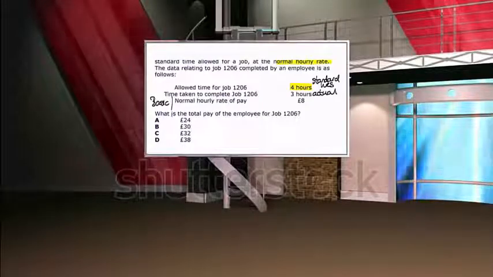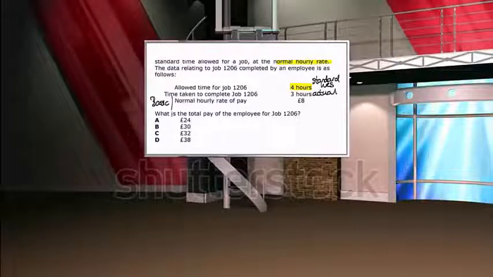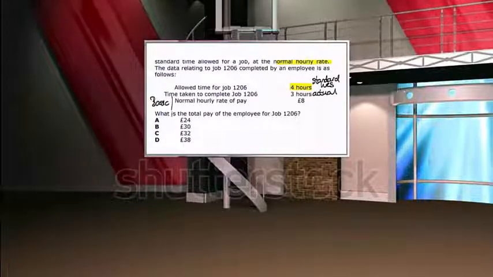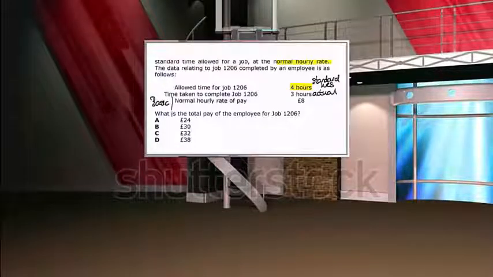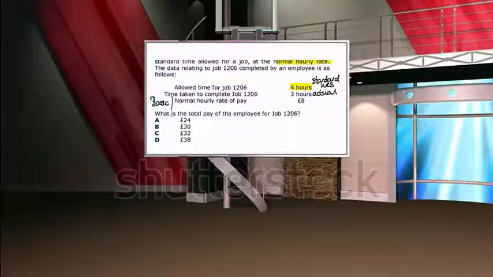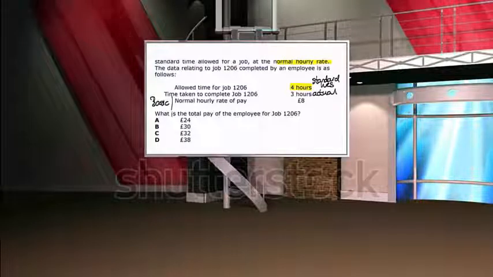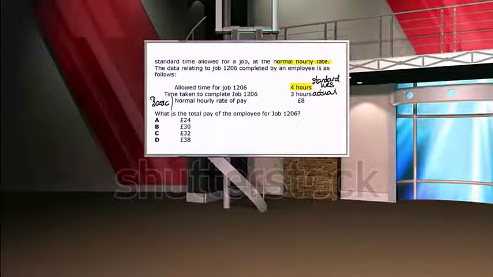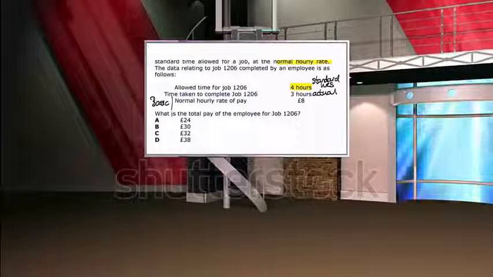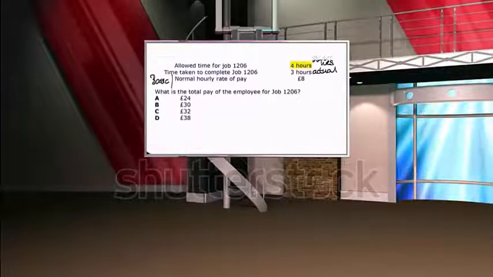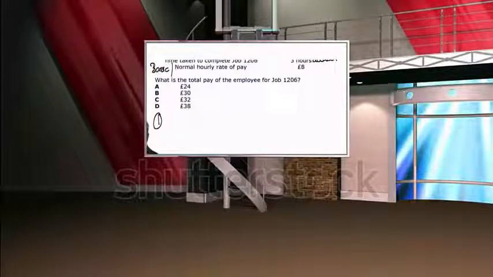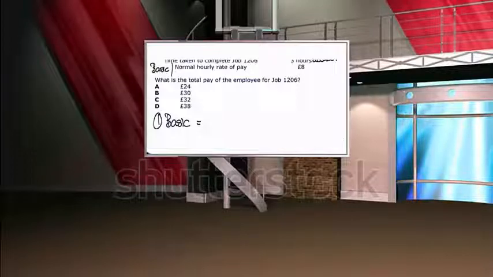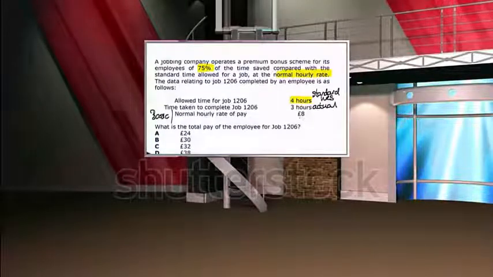Their total wages for this job will consist of 2 components. First of all, as normal, they'll get paid their basic rate for each hour they spent working on the job. But in addition to that, they are also going to get their bonus. So if we look at the first thing then, they'll get their basic. We've been told that their basic rate is £8.